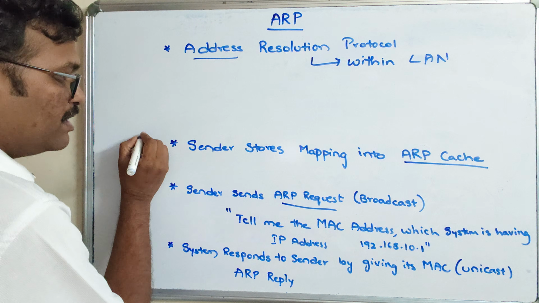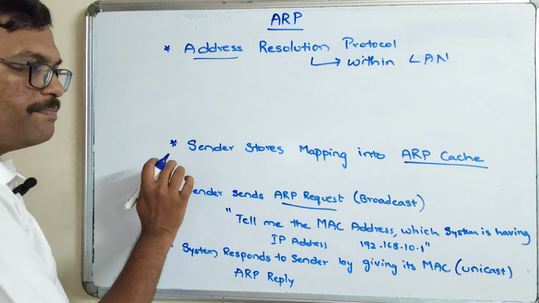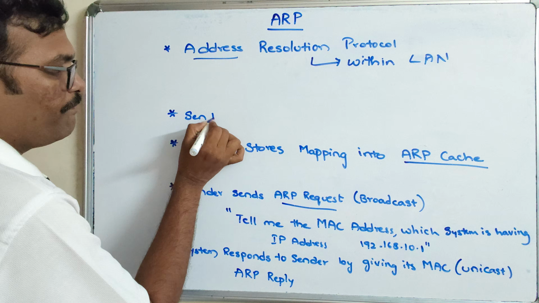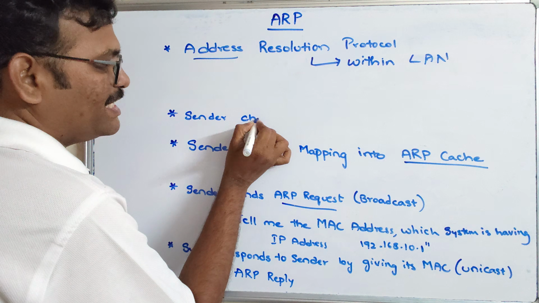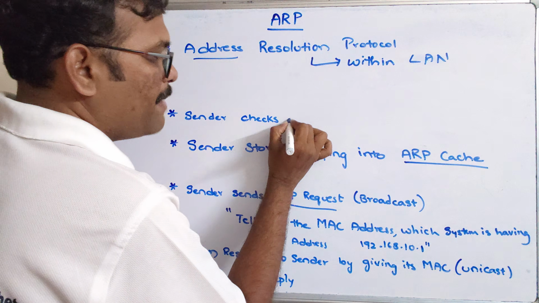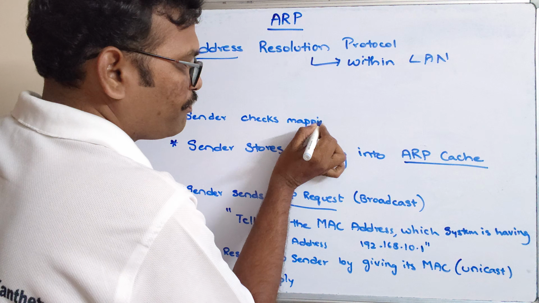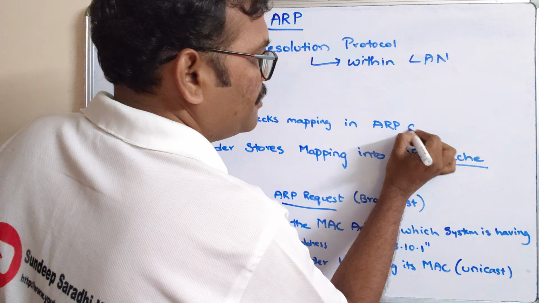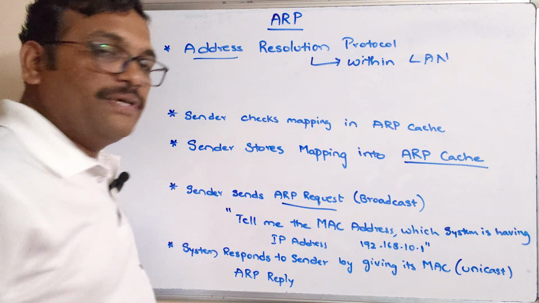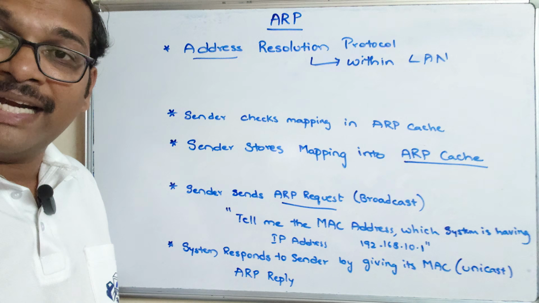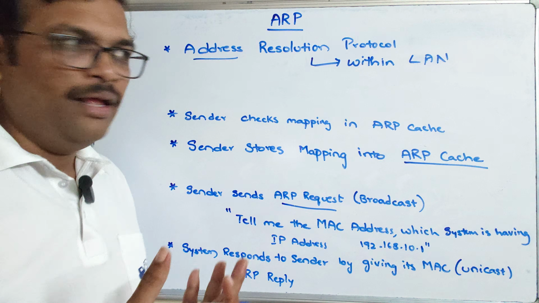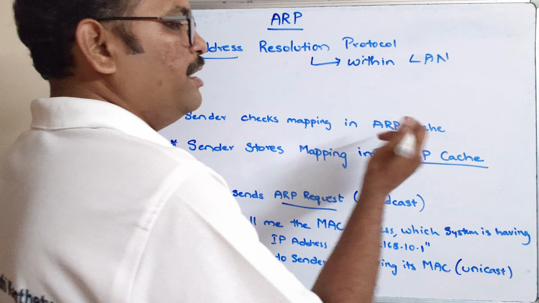So actually this is the first step. That means the first step is sender checks mapping in ARP cache. So first whenever the sender sends the data and it reaches the LAN, immediately it will check the mapping in ARP cache.